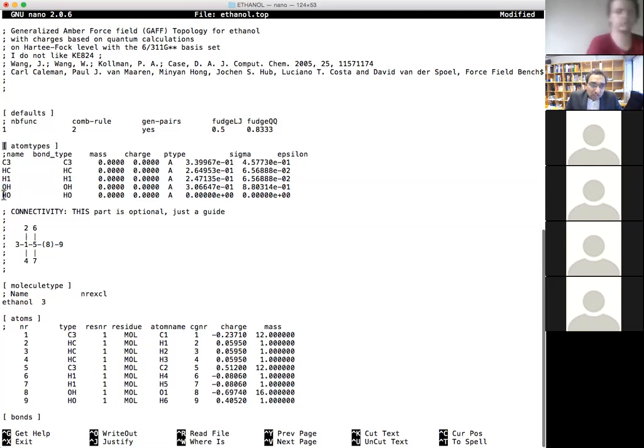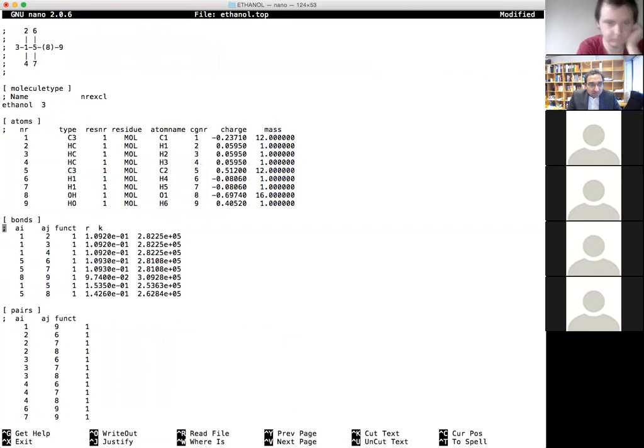Now note that this hydrogen atom attached to the oxygen will have properties slightly different to the hydrogen atoms attached to the carbon atom, because this hydrogen atom attached to the hydroxyl group is expected to be able to hydrogen bond. We all know that. But of course, a carbon atom attached to an aliphatic group such as CH3 is not expected to hydrogen bond. All right.